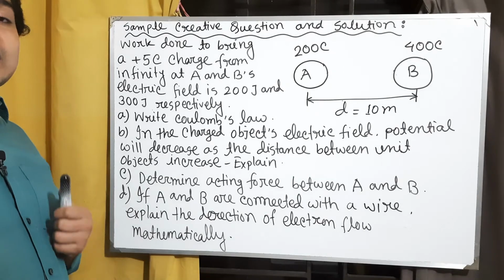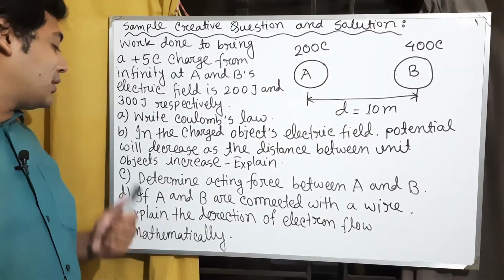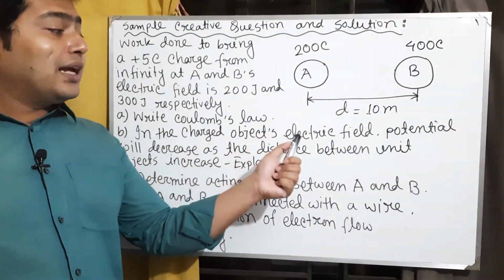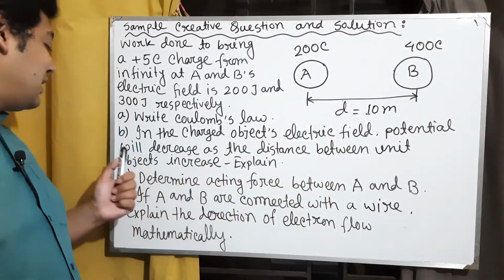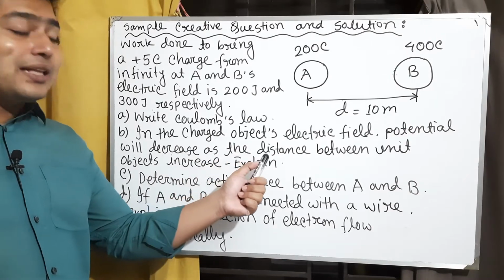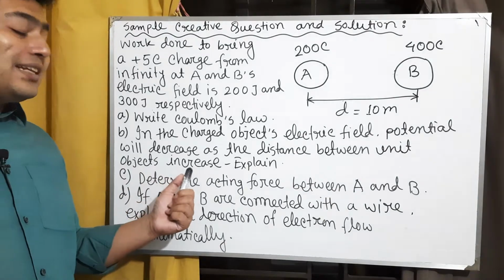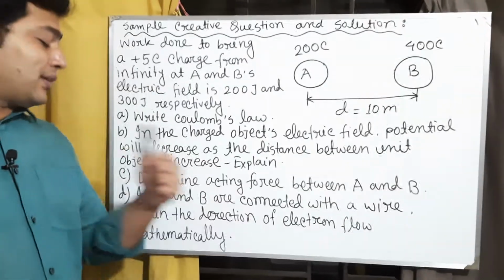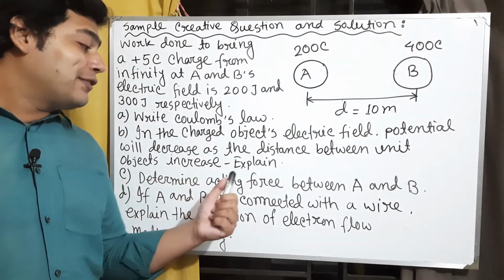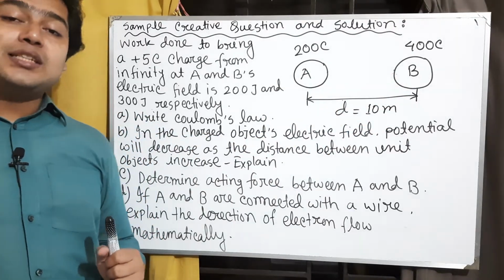Now the questions are: question A, write Coulomb's law. Question B, in a charged object's electric field, potential will decrease as the distance between unit objects increases. Explain. Question C, determine the acting force between A and B charge.